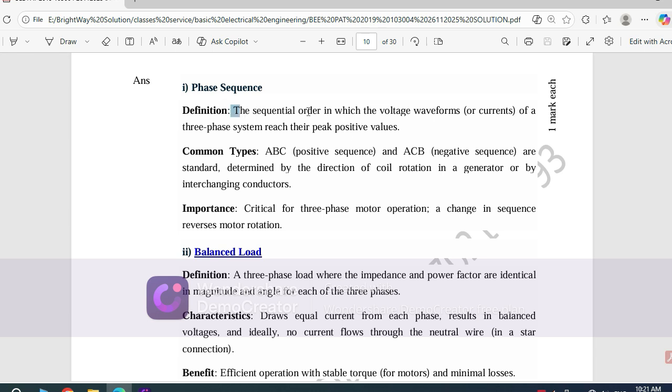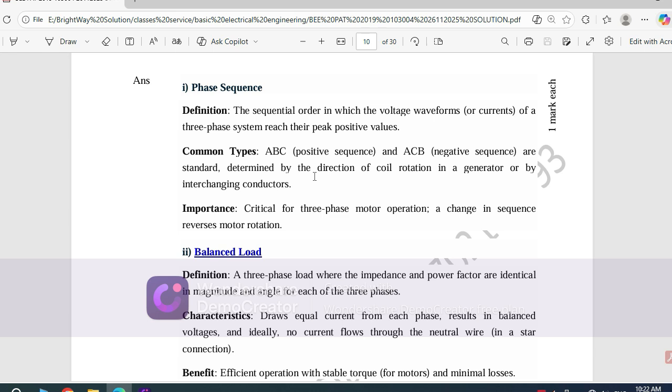which the voltage waveforms or current of a three-phase system reach their peak positive value. Okay, so there are multiple phases, and among these phases, the phase which first reaches its peak value is considered the first phase, and so on.